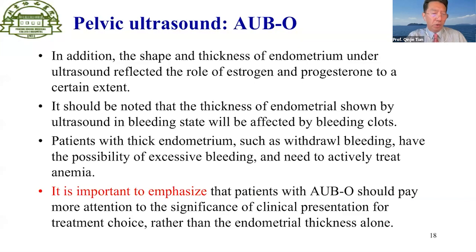However, it is crucial to acknowledge that the thickness of the endometrium observed during ultrasound examination in the presence of bleeding can be affected by the presence of clots. So patients exhibiting a thickened endometrium, such as those experiencing withdrawal bleeding, may be at risk of excessive bleeding and necessitate proactive management of anemia, where we use tranexamic acid and iron supplementation treatment at the same time.